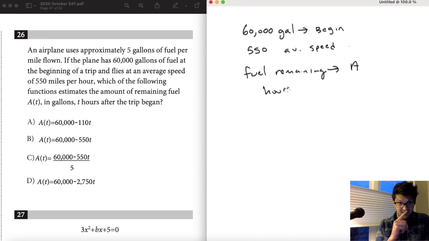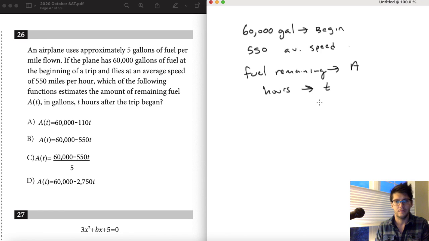Okay. 5 gallons of fuel per mile flown. Okay, look, let's just figure out what happens then in 1 hour or in 2 hours. You could do some multiplication here. I am going to, but I'm going to think carefully about what I'm multiplying.